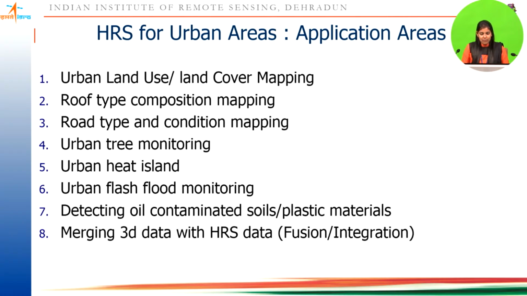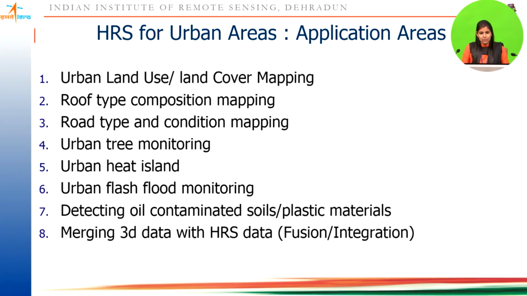It can also be helpful in differentiating between the different road types and the condition of the road. Is it a newly constructed road or an old road, is it a tar construction, etc. Urban trees can also be monitored using hyperspectral remote sensing. As we know that in an urban canopy, the urban green spaces are reducing day by day due to urbanization.